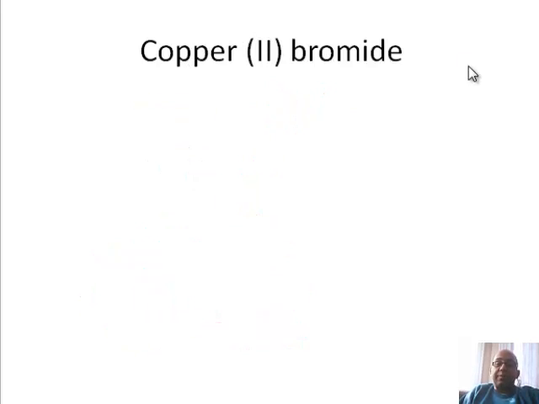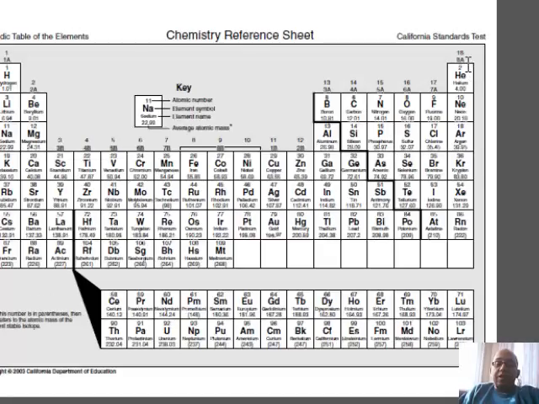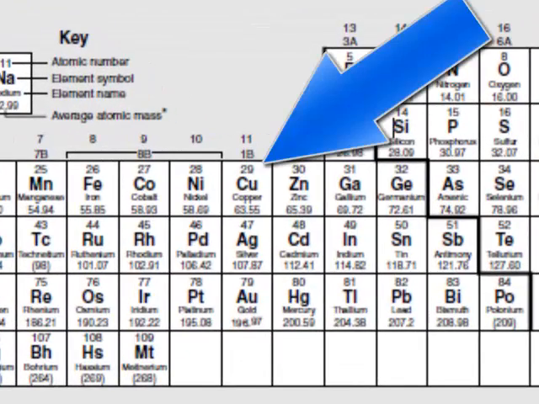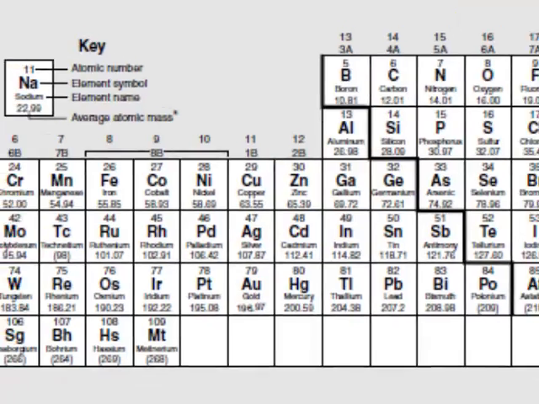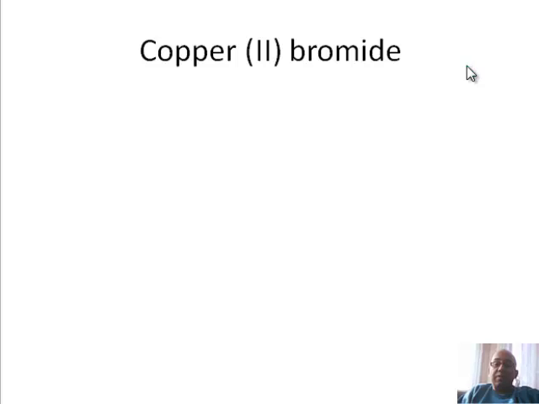In the last example for this part, we have copper 2 bromide. So we notice that copper is in this central area, where the charge cannot easily be predicted. So there's a Roman numeral to help you tell what the charge is.